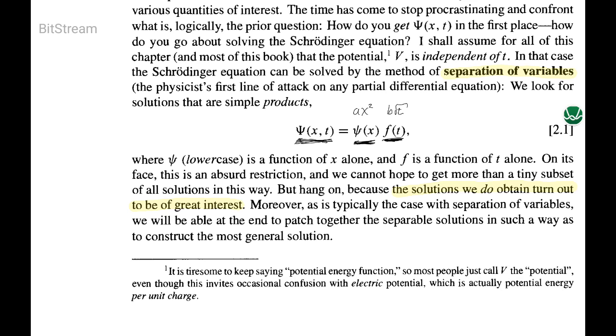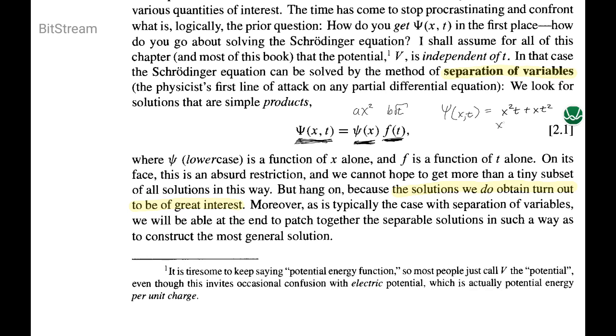They are separable. Now, clearly this is going to limit the solutions that we can have. So we are not able to, say, use something like psi of x,t equal to x squared t plus x t squared, because there's no way that I can parse this out to get those separable.